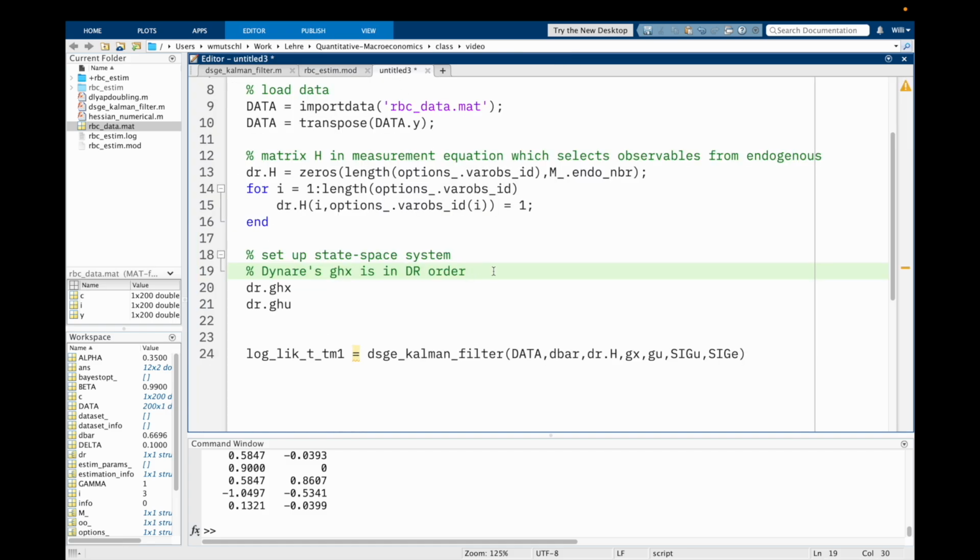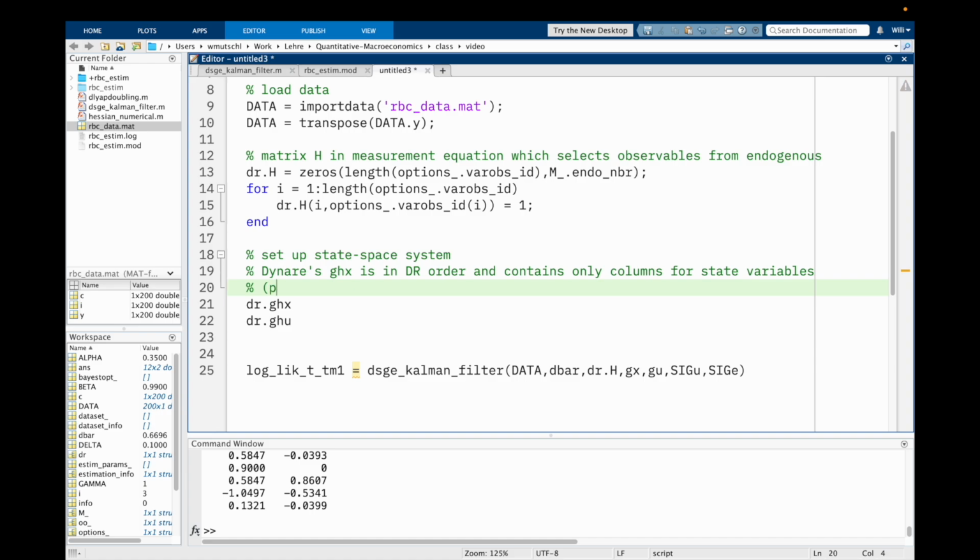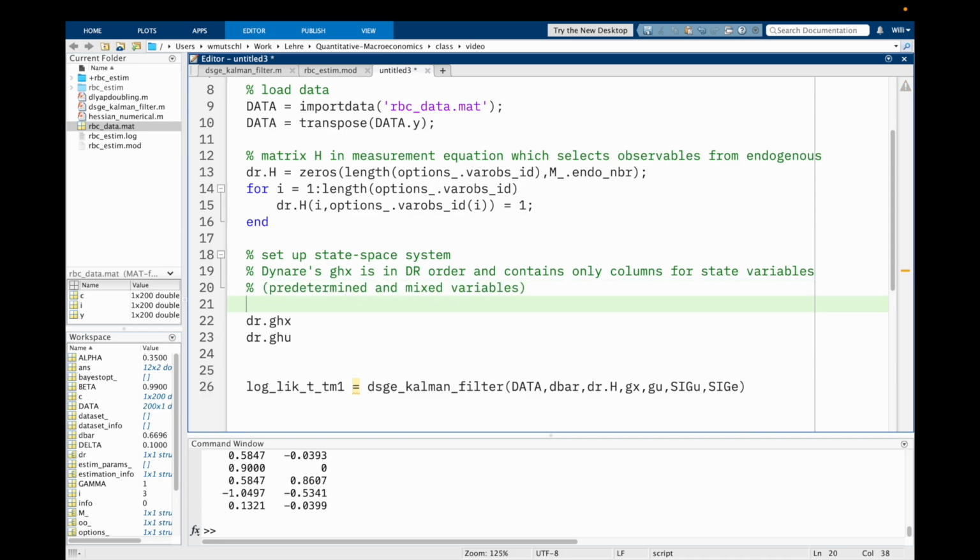So I need to transform this. Dynare's ghx is in DR order and also contains only columns for the state variables. In Dynare, those are predetermined and mixed variables. So the variables that you define in your mod file with a -1, -2, whatever, those are the state variables. But my GX matrix, I want this to be number of endogenous times number of endogenous.